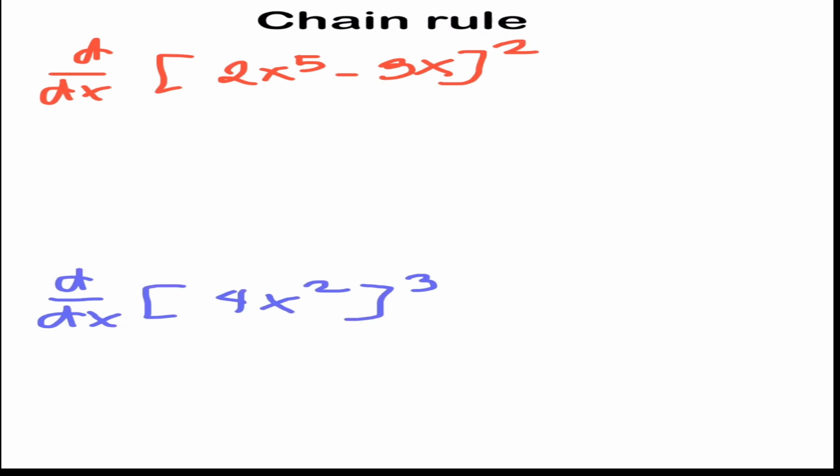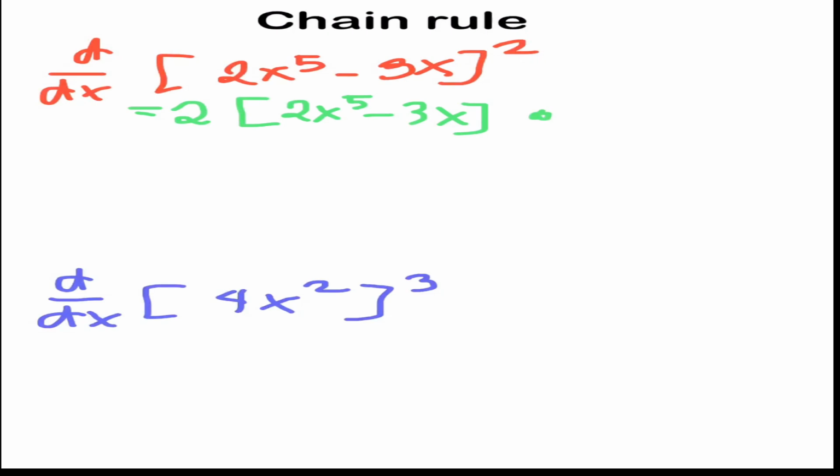Next, we are going to find the derivative of 2x to the 5th power minus 3x, raised to 2. So again, let's bring down 2. We have 2 times, copy what is inside, 2x raised to the 5th power minus 3x. Then we are going to subtract 1 from the exponent. So 2 minus 1 is 1, or just simply like that.